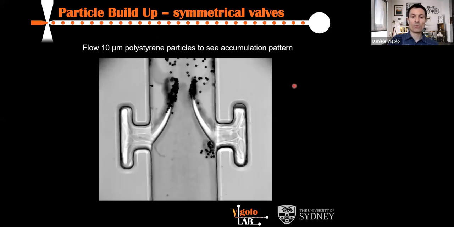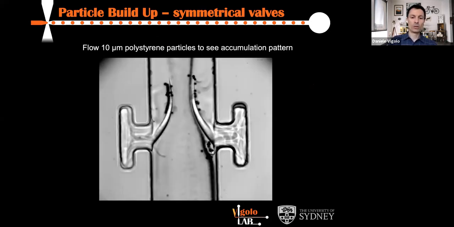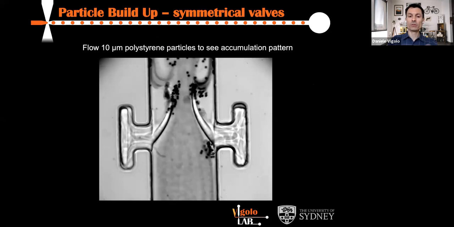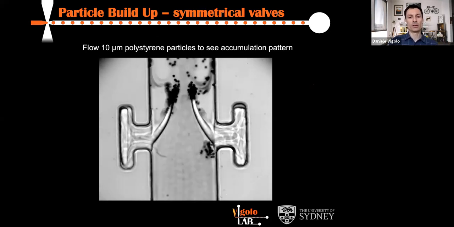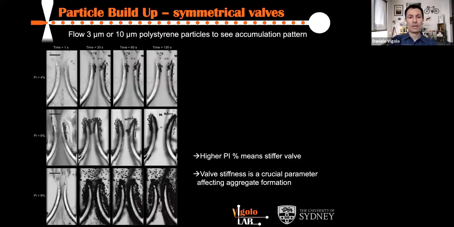But what is even more interesting is that there is an accumulation, and quite strong accumulation, at the tips of the leaflet. Now, this is unusual because we know that most of the thrombus will be found at least behind the leaflet. So it's interesting that the accumulation points are the tips of the valve.